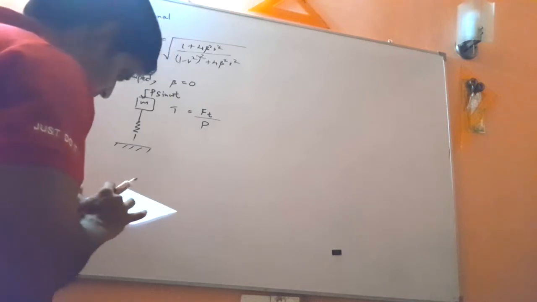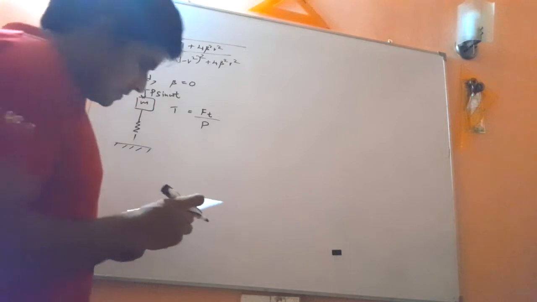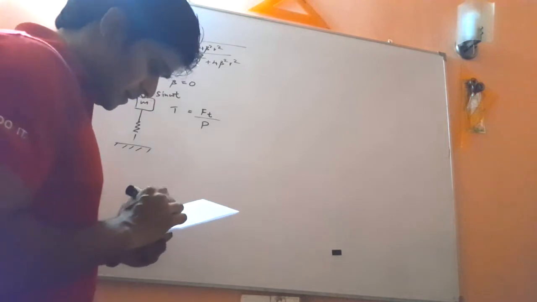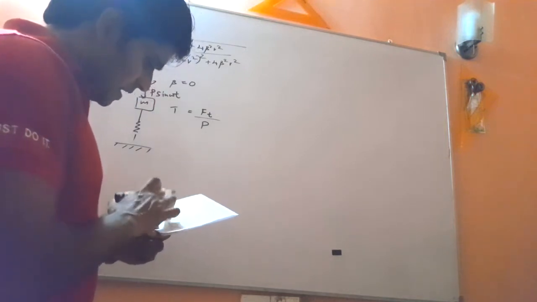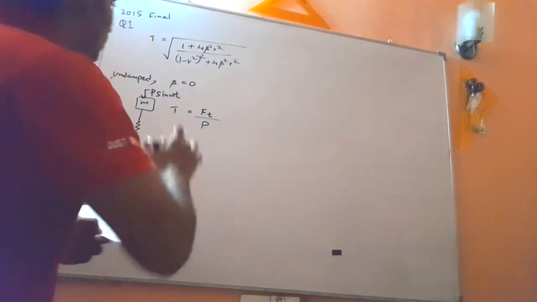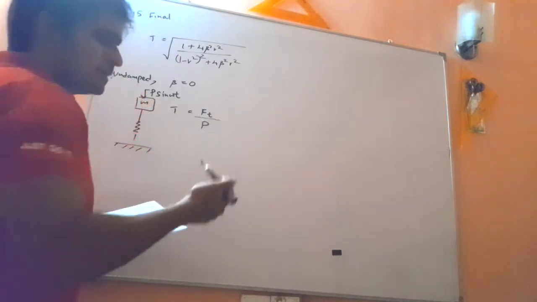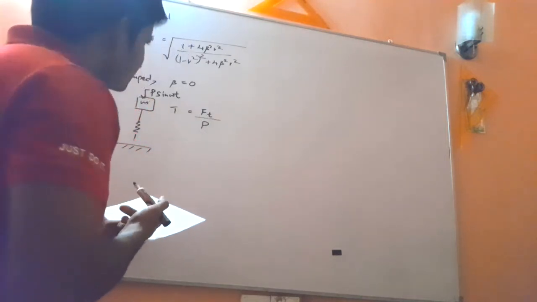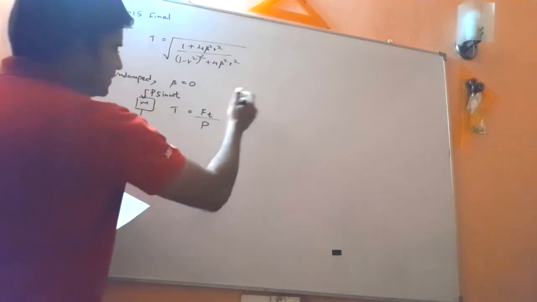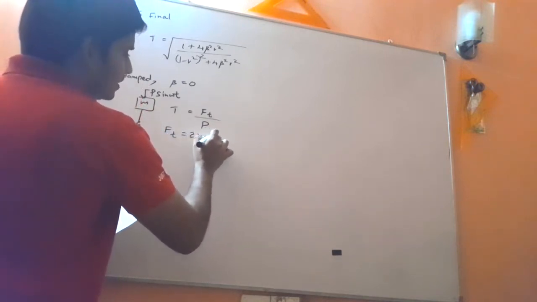In this problem it is clearly said that the force transmitted to the foundation is 2400 Newton. Because Ft is limited, that value is given. So Ft is 2400 Newton.